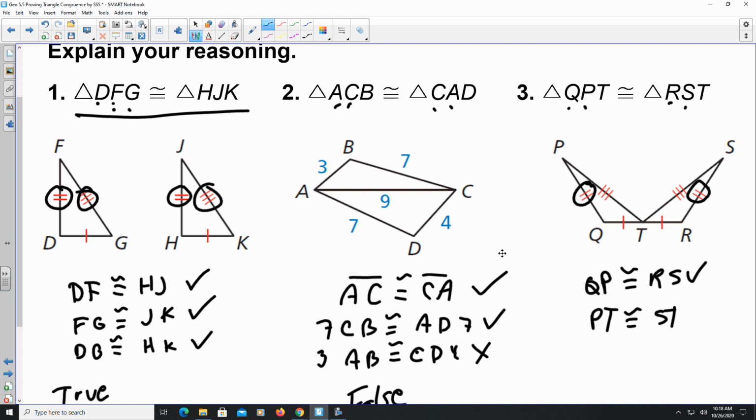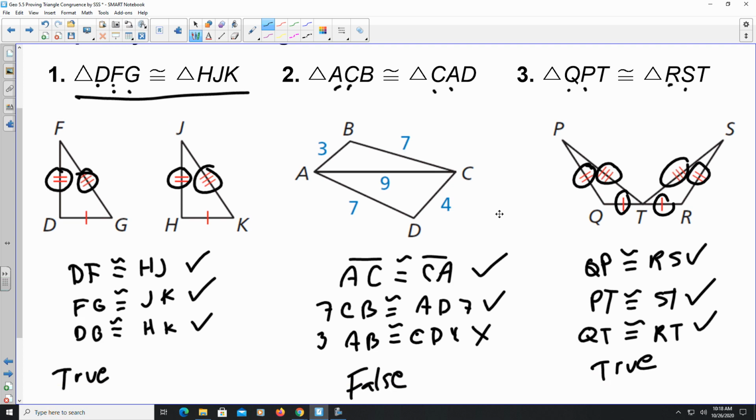PT is 3, ST is 3. It checks off. Finally, first and third, QT, is that congruent to RT? 1 and 1, it checks off. Yes, this is true because the corresponding sides match up and they are congruent.